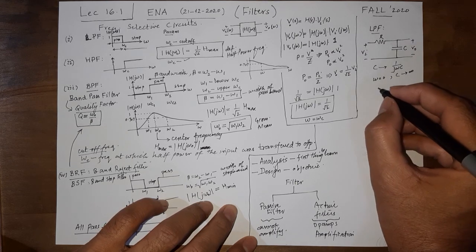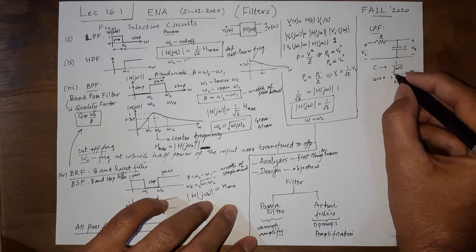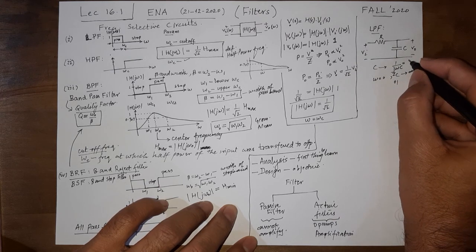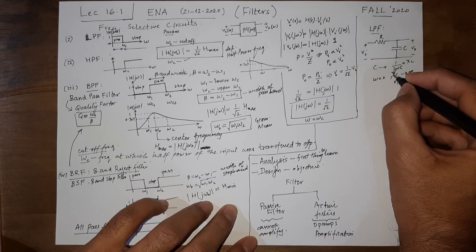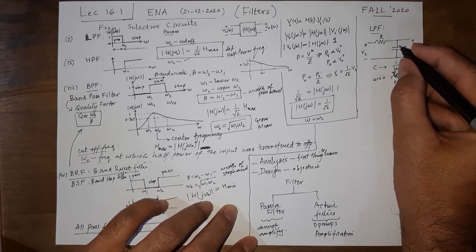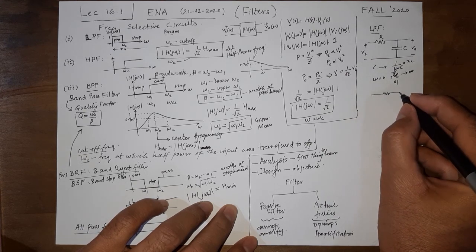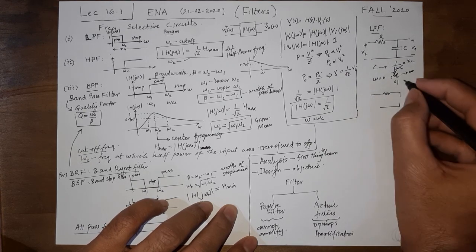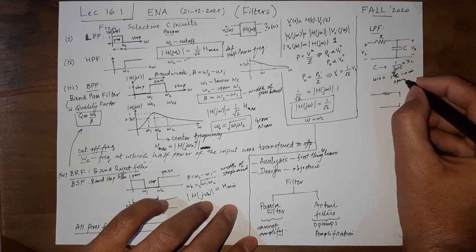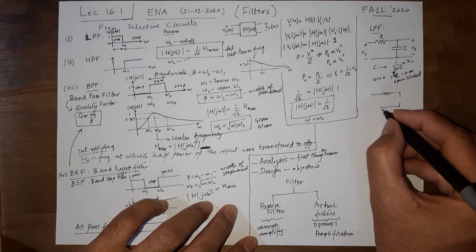When C is infinity, it means an open circuit. We are looking at an impedance, reactance. So ZC would be infinity. So basically this corresponds to an open circuit here.